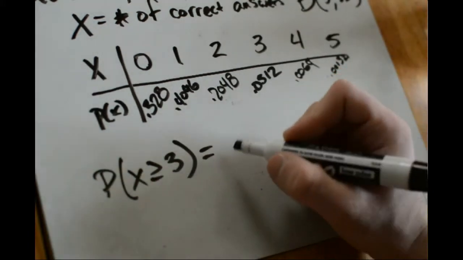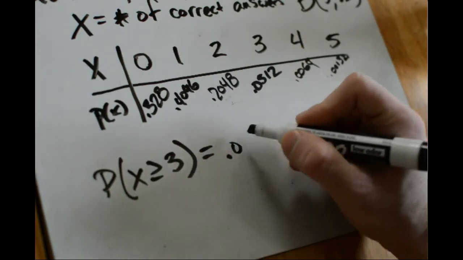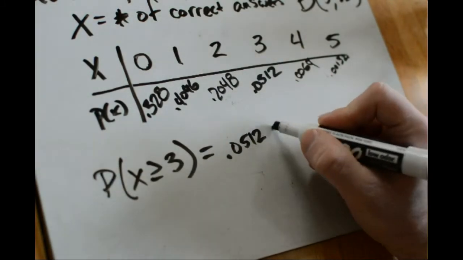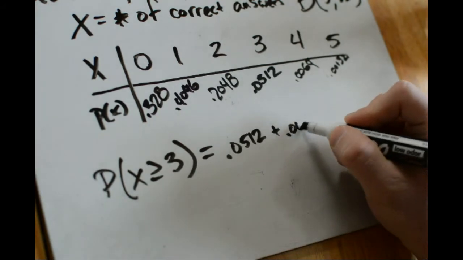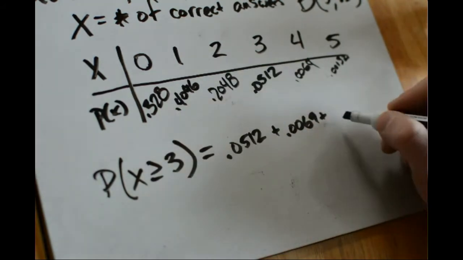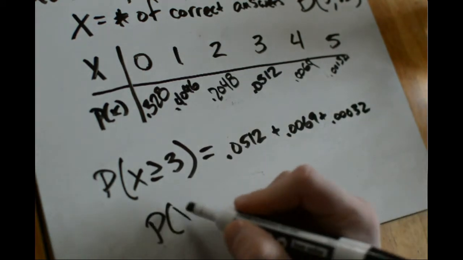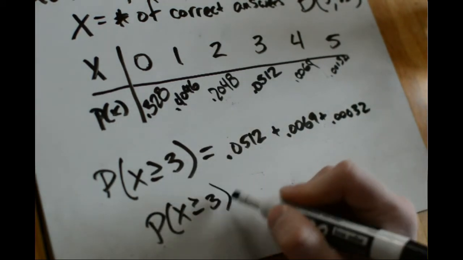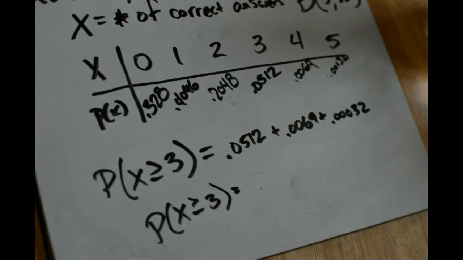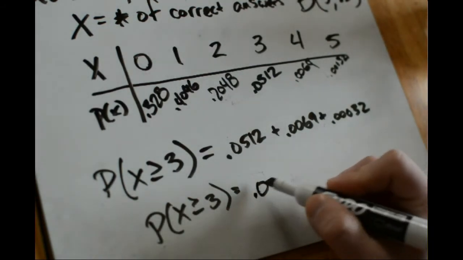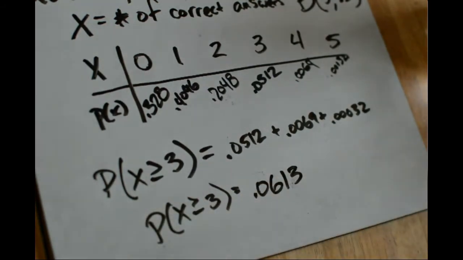Well, knowing what these are, we could have 3 correct, which is 0.0512, plus getting 4 right, 0.0064, plus getting 5 right, 0.00032. So the probability that you pass guessing on every question is 0.0576. So not very likely that you would pass just by guessing.